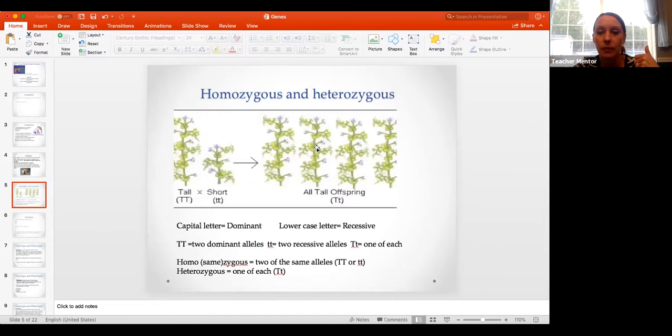Now, this is just a pea plant, and we're just using it as an example here, okay? What we're looking at is different types of pea plants, tall ones and short ones. And then you've got these big words up here. Don't worry about the big words. We'll break it down here, okay? You'll notice that the first part is different in these 2 words, but the second part's the same, zygous.